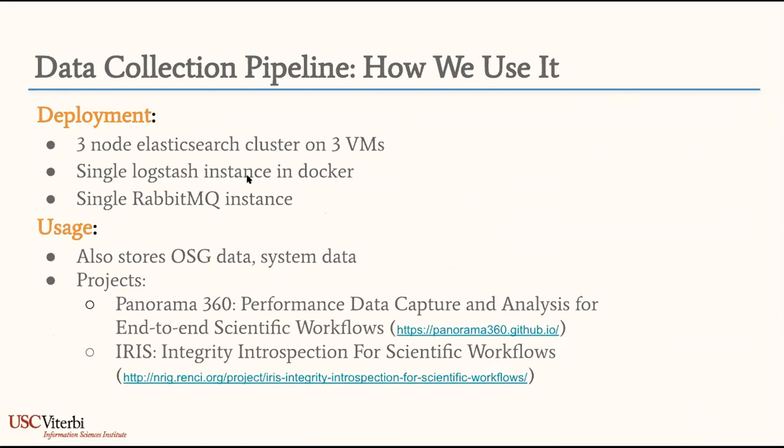I can tell you what we have. The RabbitMQ is a 4-core VM, 8 gigs of RAM, so nothing special. The Elasticsearch nodes are also VMs. They have 32 gigs of RAM, but we just pulled a number, basically. We haven't hit the limits anywhere.